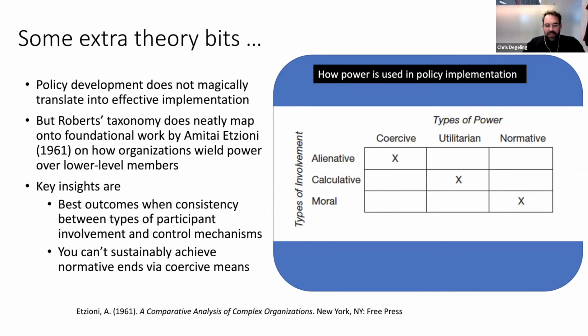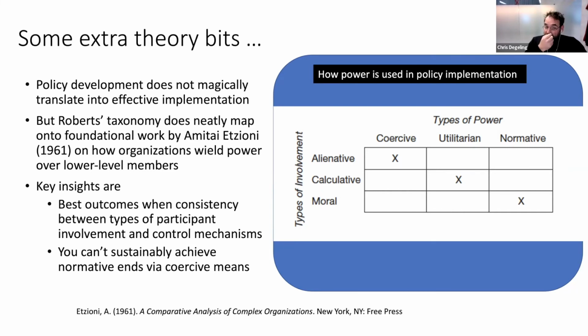The key insight is that if the type of involvement of the lower level member of the organisation, which in this case would be veterinarians or farmers, doesn't match the type of power you're exercising in the policy approach, then you get non-congruence. That means it doesn't necessarily work very well and can create non-compliance or a degree of political difficulty for the way it's being implemented.